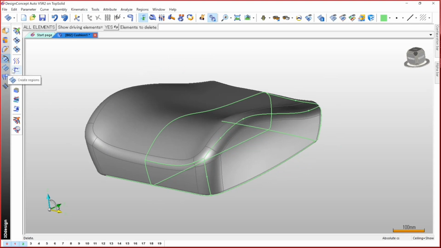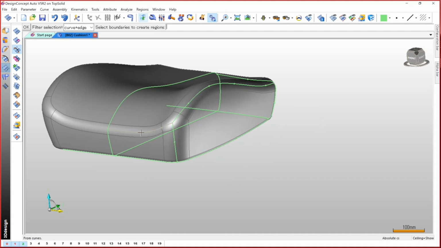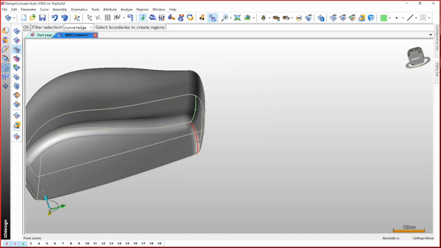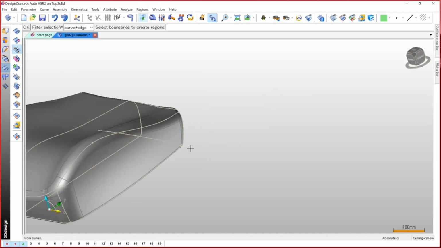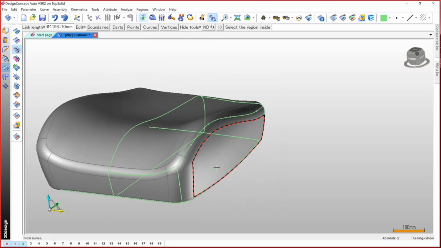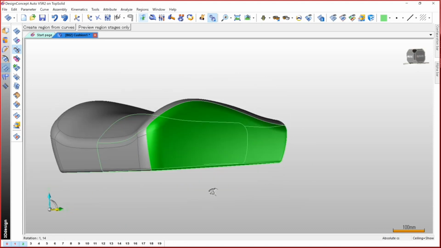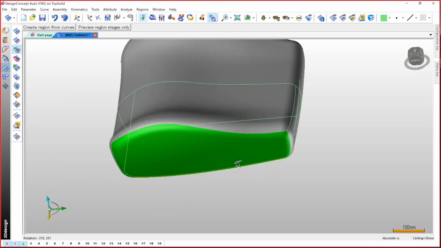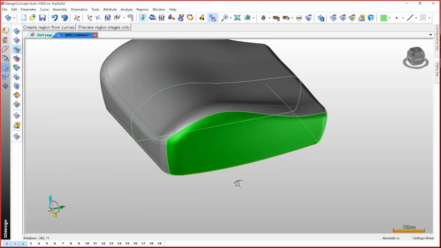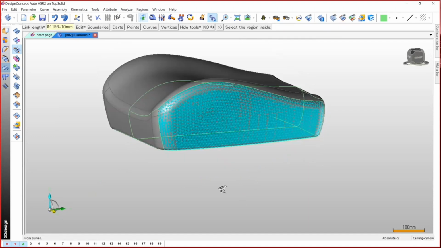He is going to make a part definition, identify the parts definition. Now he created one part.